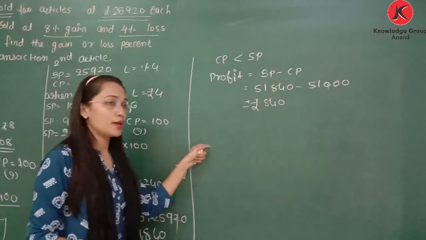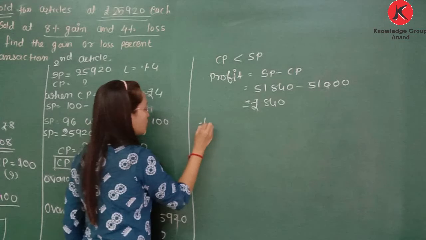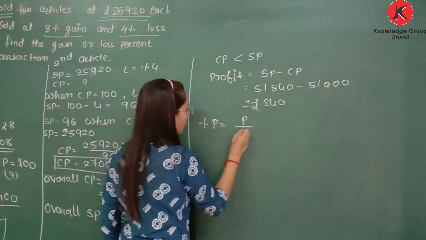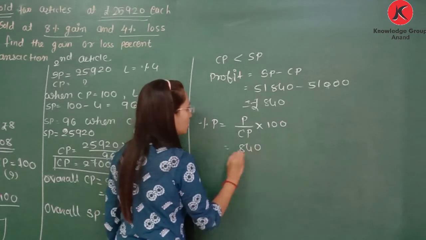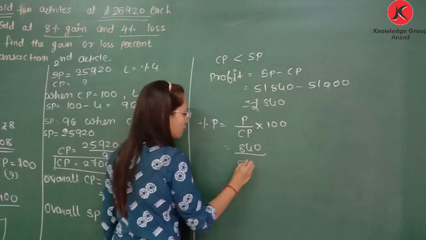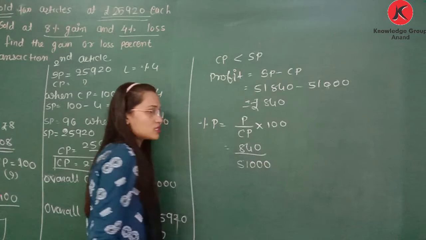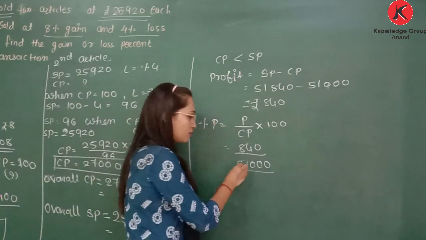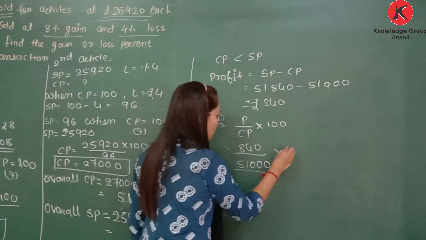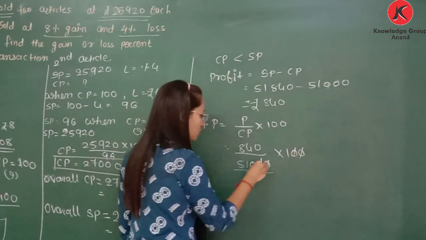Now if you want to find percentage profit, so percentage profit is equal to profit divided by CP into 100. Profit is 840. Cost price is 51,000, because here we need to consider overall profit. So we need to find overall. Here we need to write overall CP. 0, 0 cancel.